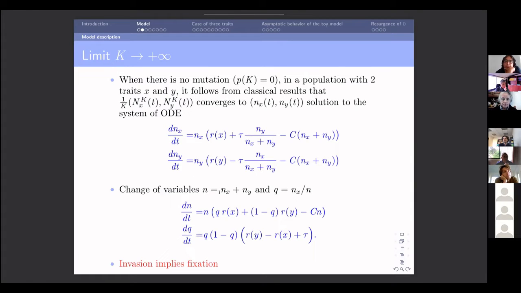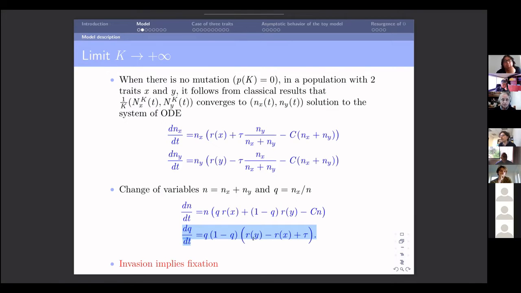If you call n the sum of nx and ny, and q the proportion of x individuals, nx divided by n, then you get a new system of ODEs, and the dynamics of q is closed. So q evolves as q times 1 minus q times some constant here. Depending on the sign of this constant, q converges to 0 if it's negative, or to 1 if it's positive.